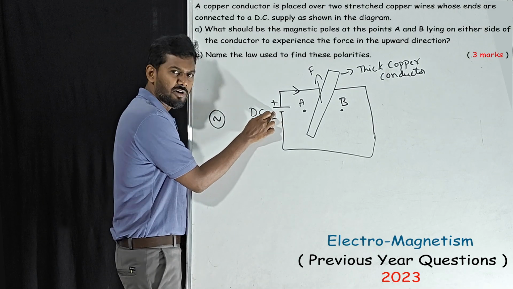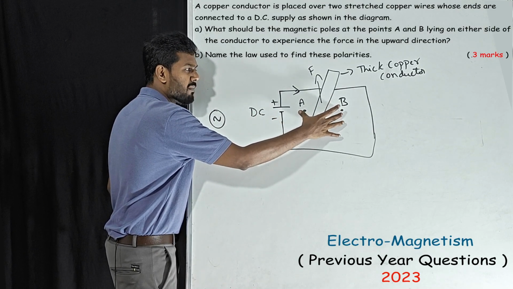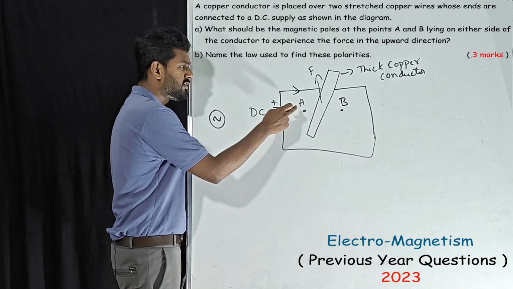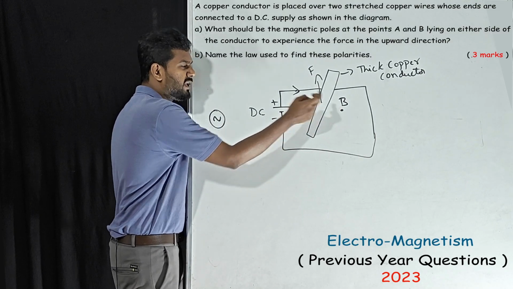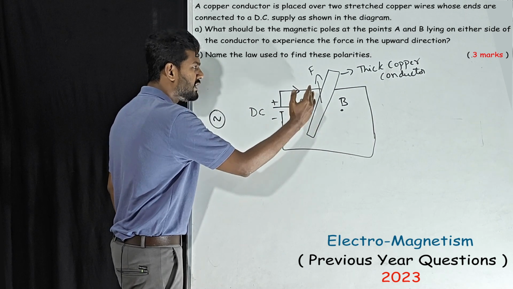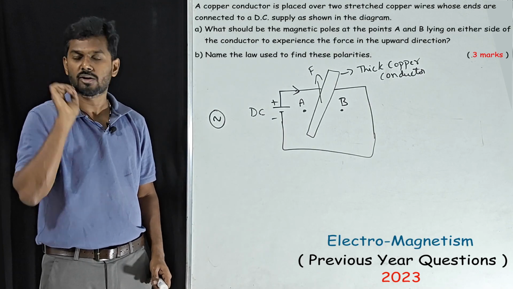See, the electric field is there, and AB, they have clearly mentioned in the question, is the magnetic field. We don't know the polarity, that is what we need to find, whether A is north or B is north. We have electric field, we have magnetic field, there is a force, that means it is related to Fleming's left hand rule.